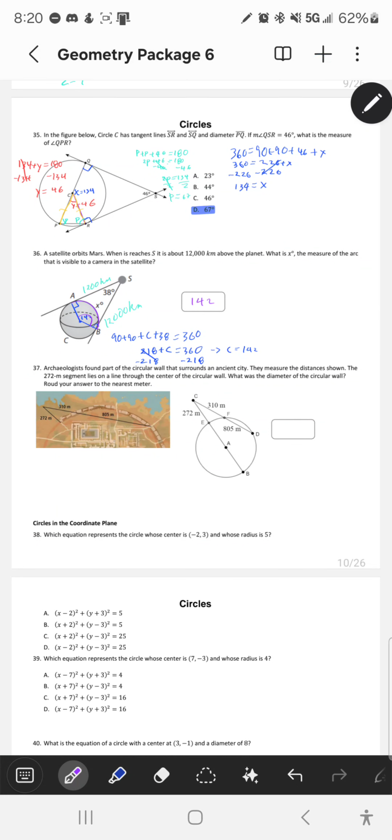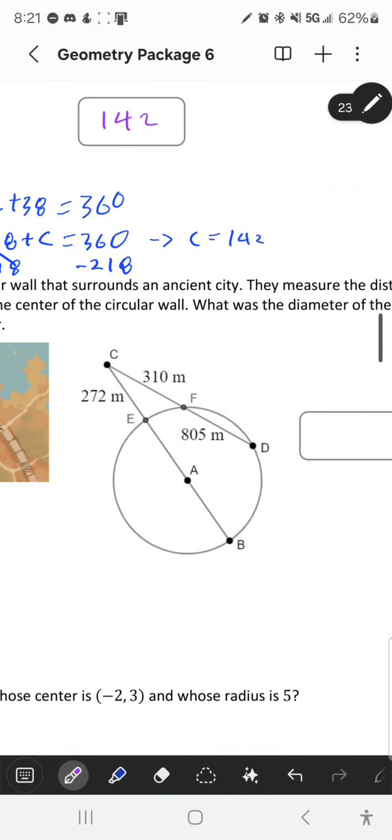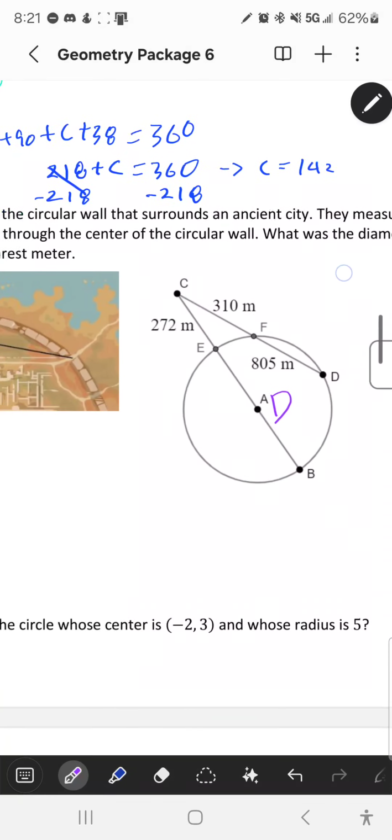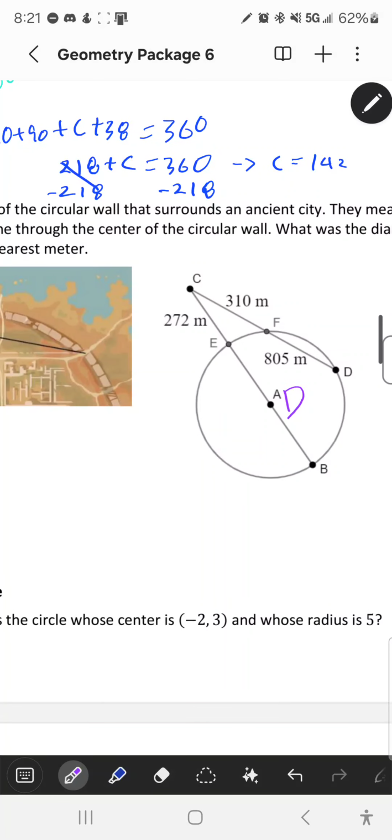So basically for this one we can use a theorem we have used before. I'm just going to call the diameter D. I used this in this topic like 2 weeks ago. We multiply the small one, 310, times the whole thing, 310 plus 805.